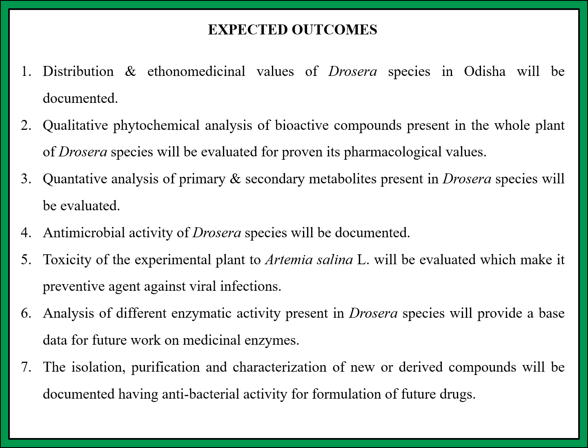Toxicity of the experimental plant to Artemia salina will be evaluated. Analysis of different enzymatic activity present in Drosera species will provide base data for further work on medicinal enzymes. The isolation, purification, and characterization of new or derived compounds having antibacterial activity will be documented for formulation of future drugs.